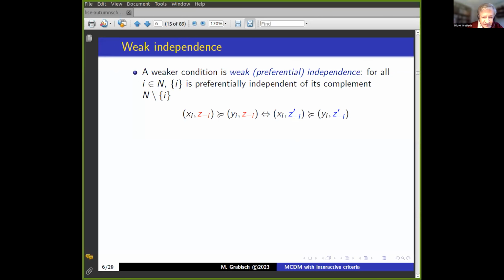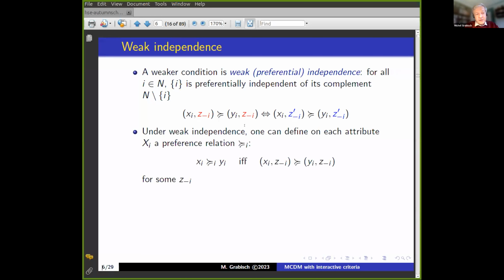Suppose you prefer this alternative to this one, and you see that the only difference between the two is that on attribute i, you have a value x, and here you have a value y, and you prefer this one to this one. Now, weak independence means that you can replace z, so the value of all remaining attributes, by any other value. It does not change your preference. So this is weak preferential independence.